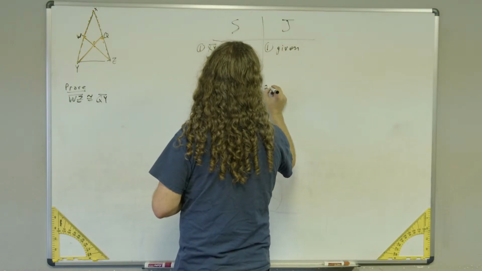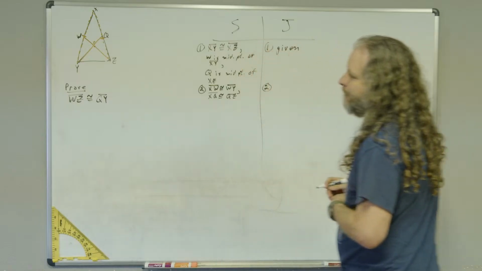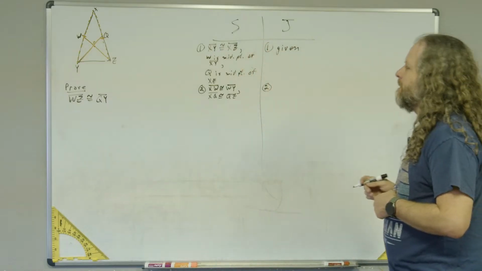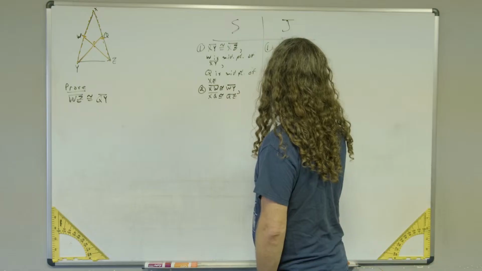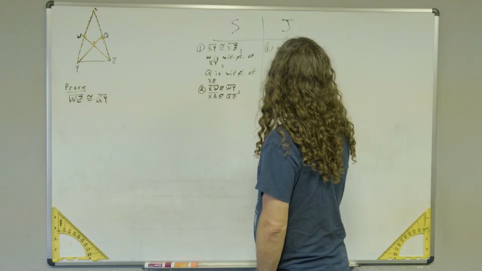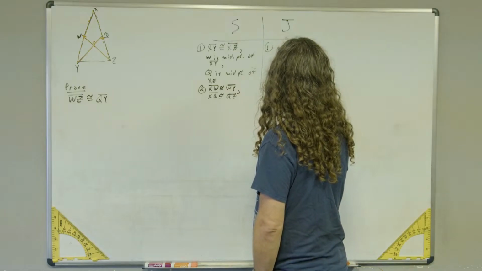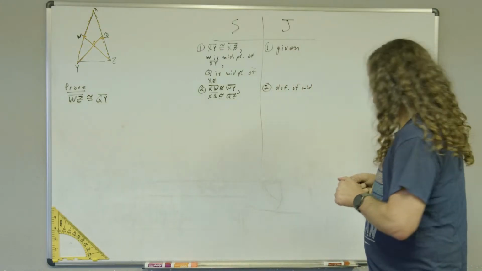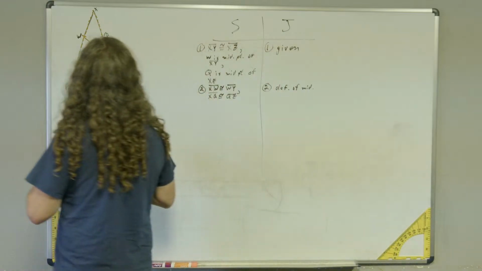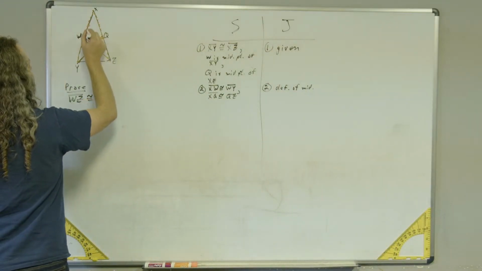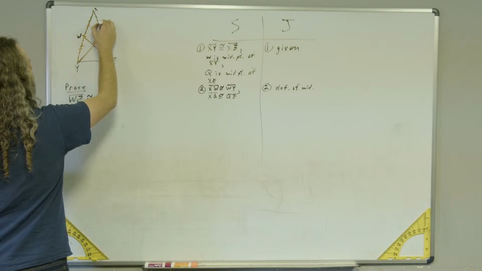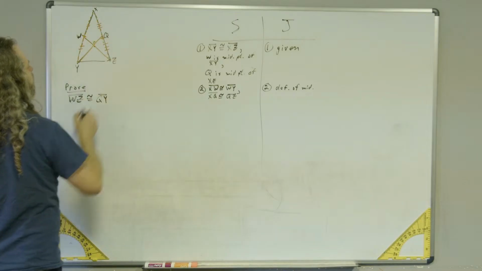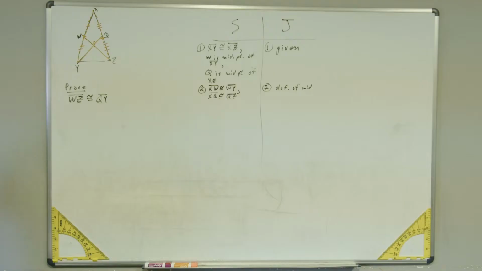What lets us say that? Definition of midpoint, that's right. Great, so we have this is congruent to this, and we have this is congruent to this. Nice.